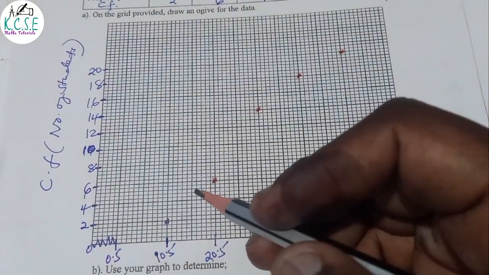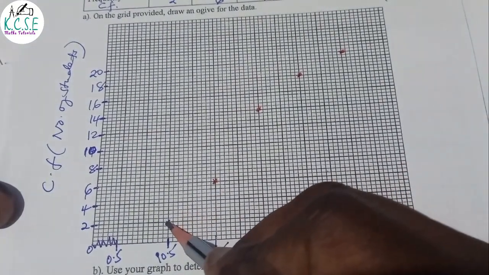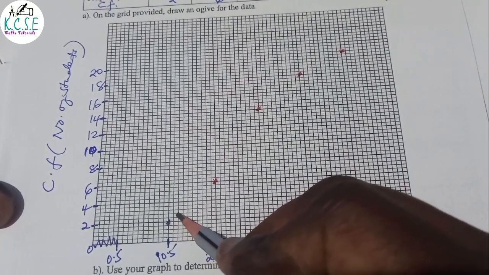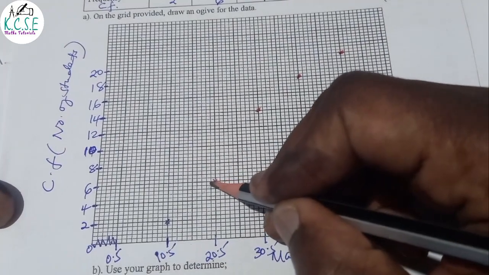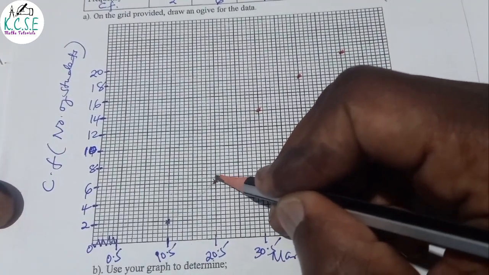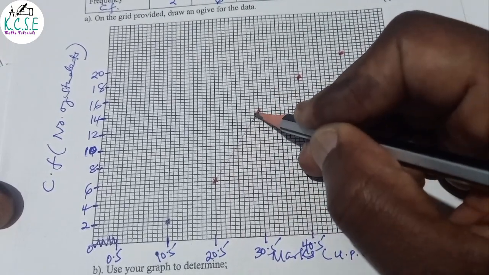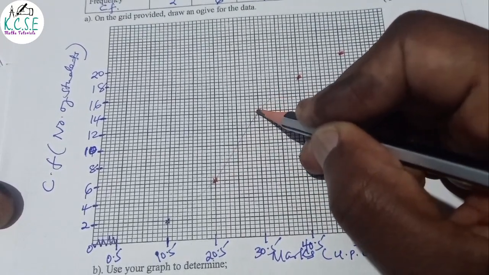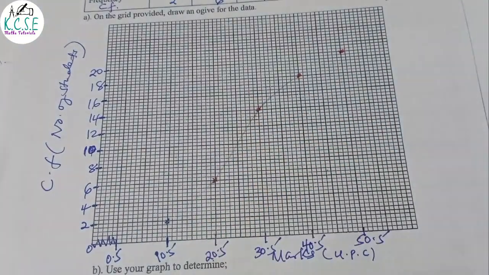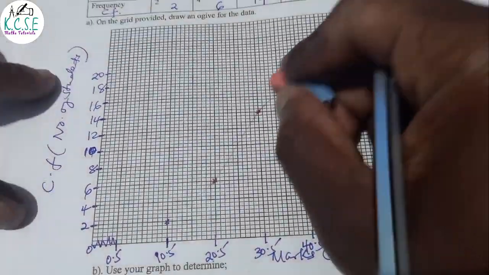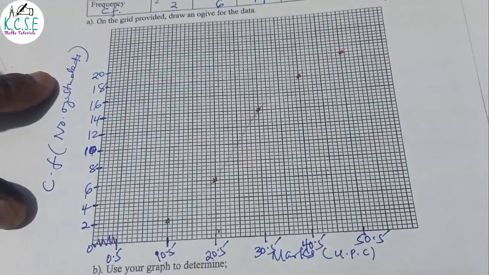You need to be very keen when you are drawing this, so that you don't draw a curve that is not smooth.